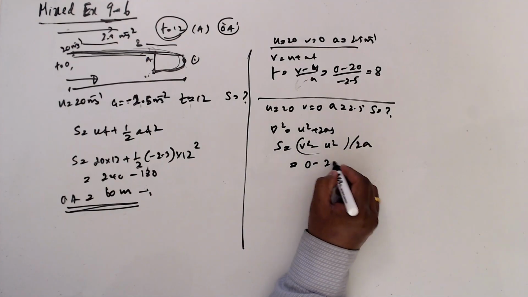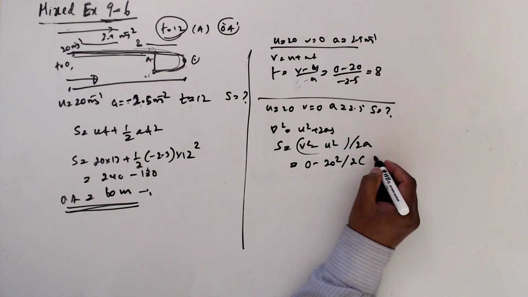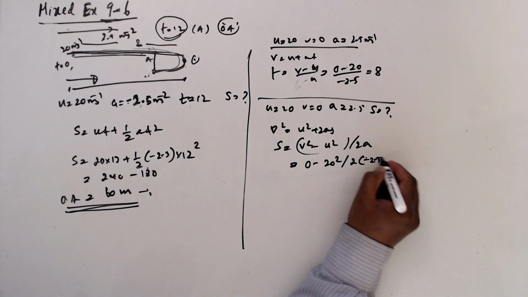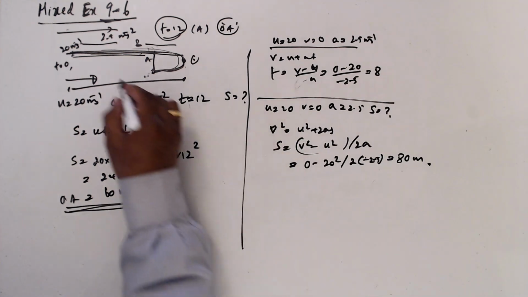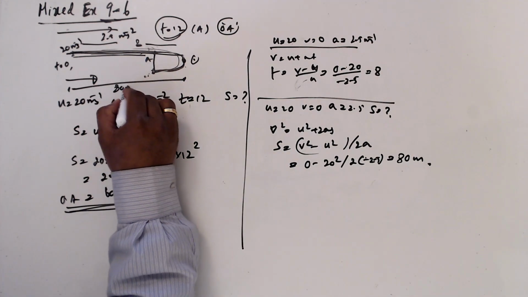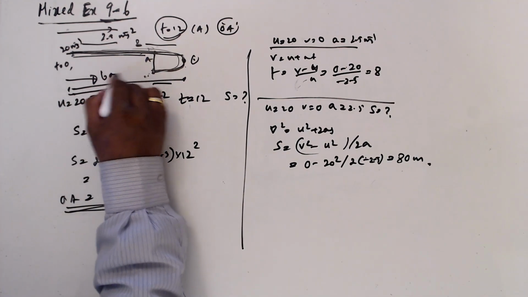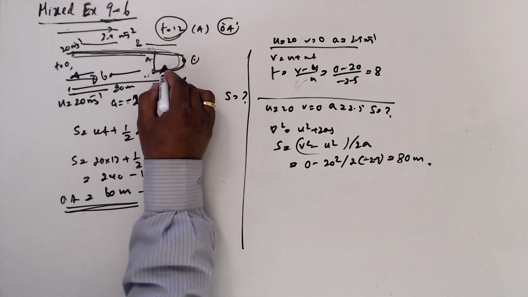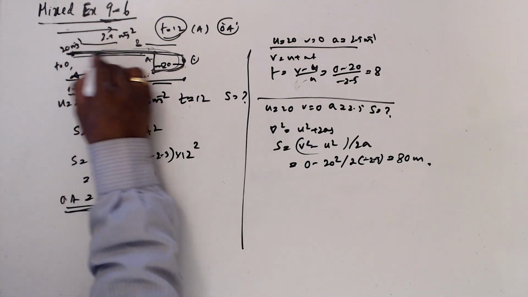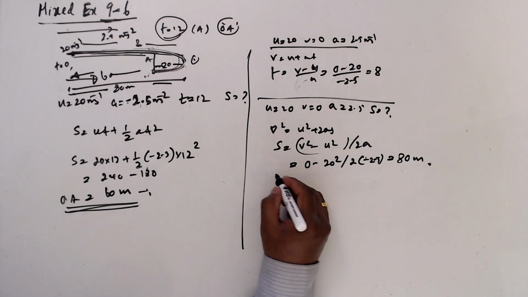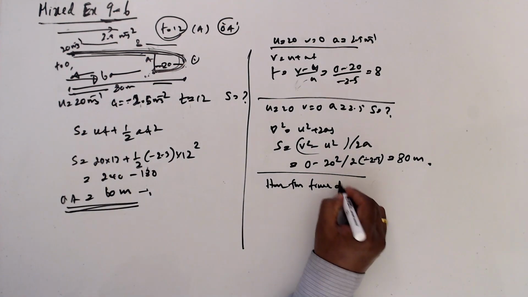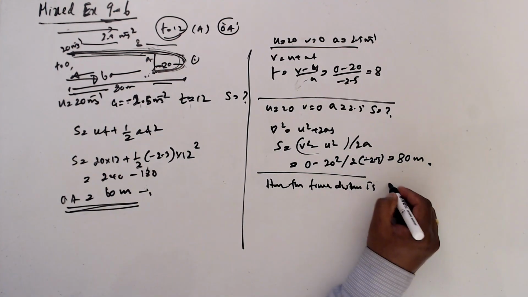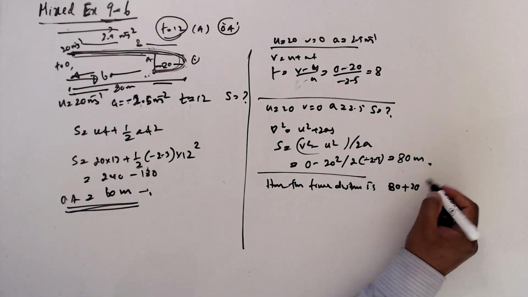That is 0 minus 20 squared divided by 2 times minus 2.5. So this answer is going to be 80 meters. So the total distance is now 80 meters, and this is 60 and this is 20. Then the travel distance is 80 plus 20, hence the travel distance is 100 meters.